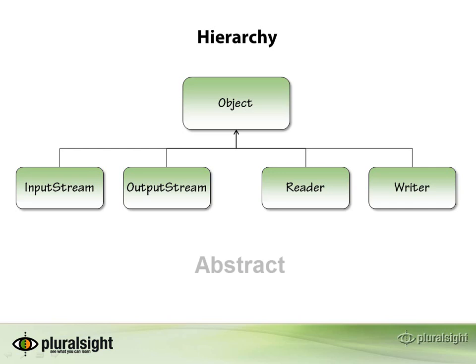All of these classes are abstract classes, meaning that you can't implement them directly. You have to extend them, and the Java streams extend InputStream, OutputStream, Reader, and Writer in order to actually create a real implementation of the different kinds of specialized streams that exist in Java.